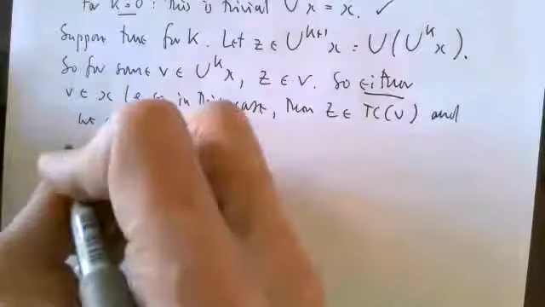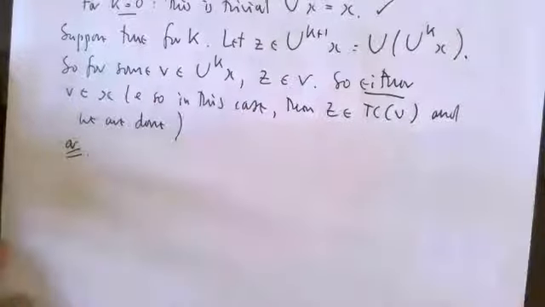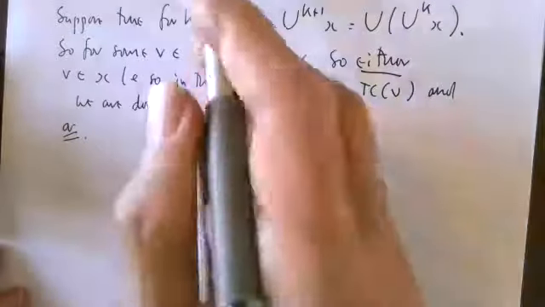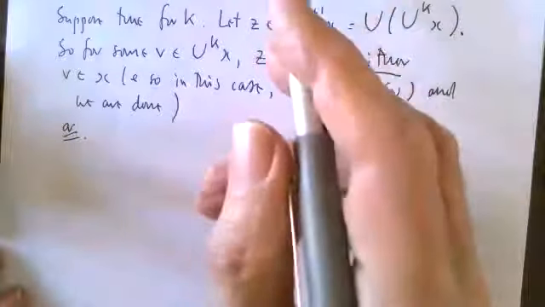So it's not either or here. Or v is over here somewhere.